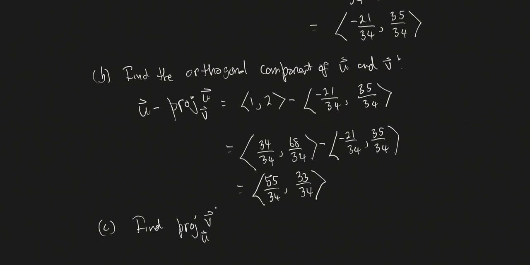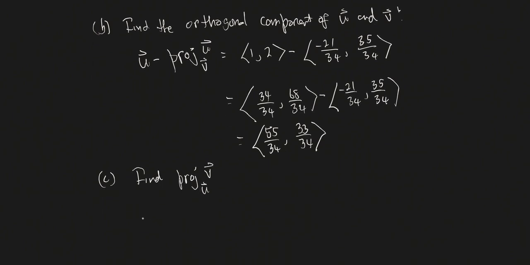So the projection of v onto u, well, let's write that down. So it's going to be v dot u, but now in the denominator here, I will have the magnitude of u squared, and that's the big difference. And then this will be times u, right?